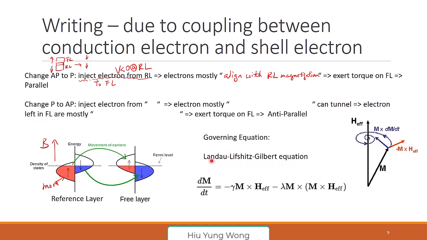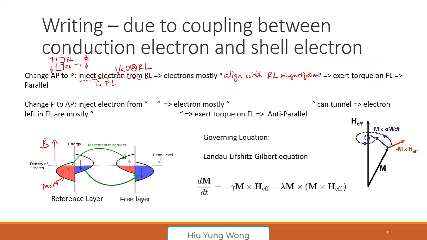And I told you Landau, right? We talked about the Landau equation for ferroelectric, for negative capacitance. This is where Landau appears again. It is on how this external electron is going to change the magnetization of this free layer. It's going to exert a torque on it.